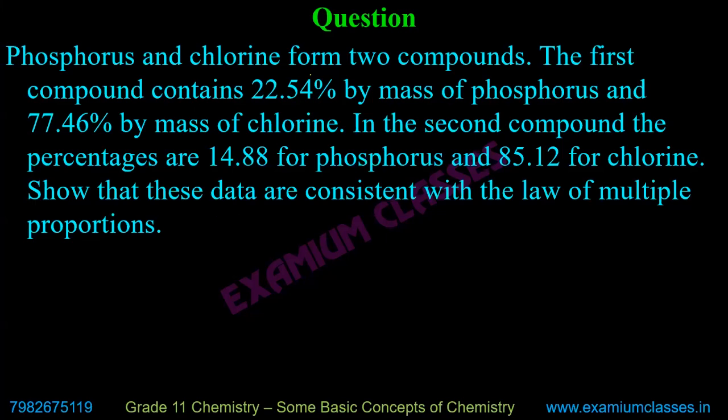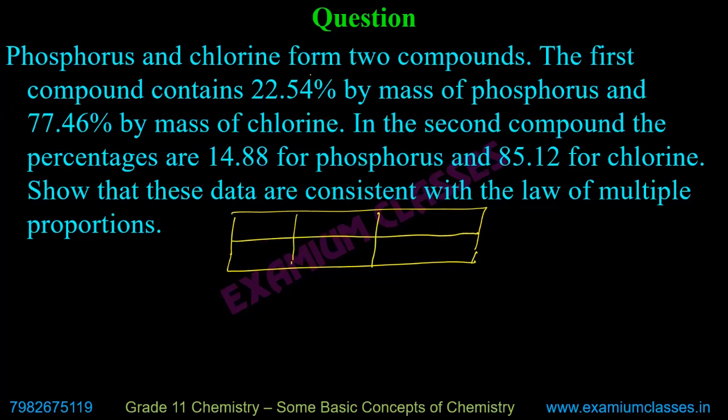Write it in the same fashion. You have phosphorus and chlorine. In the first case, or draw the table if you want to. That ensures that you don't make mistakes. You need to calculate for 1 gram, for 1 gram in the first case, for 1 gram in the second case.